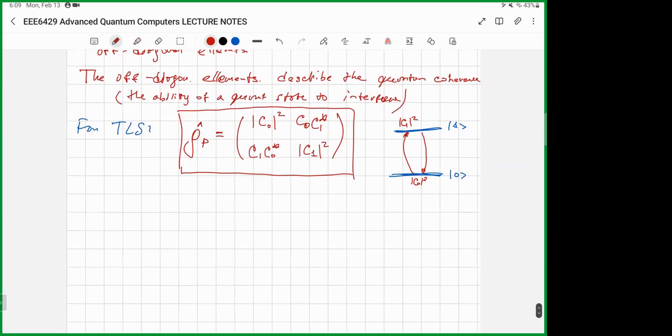This is how it works. So this is the so-called quantum interference, in this case interference of states.